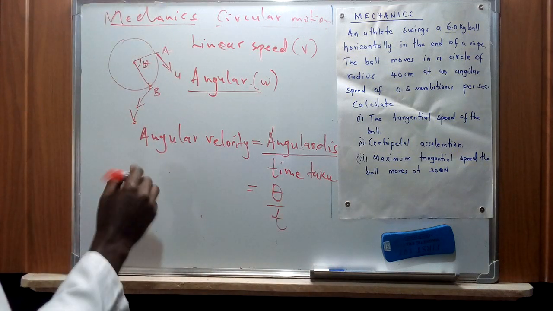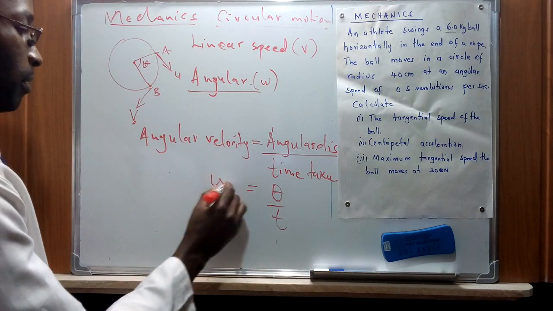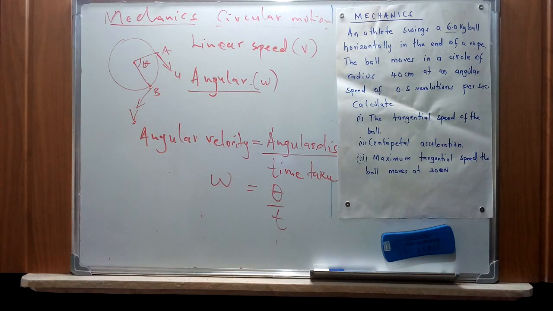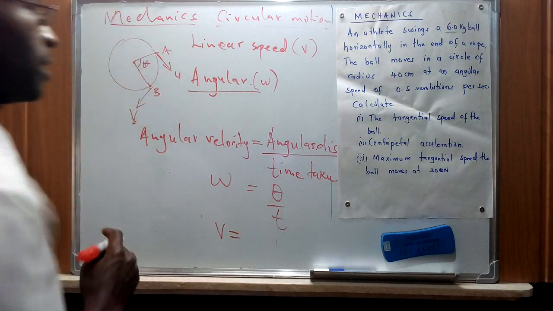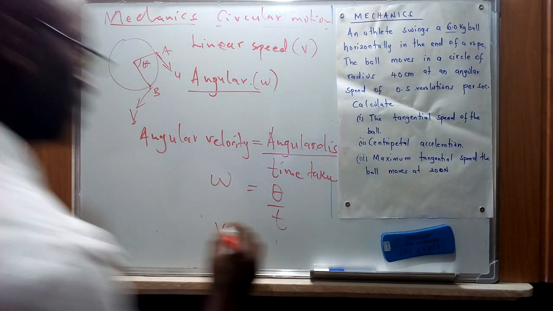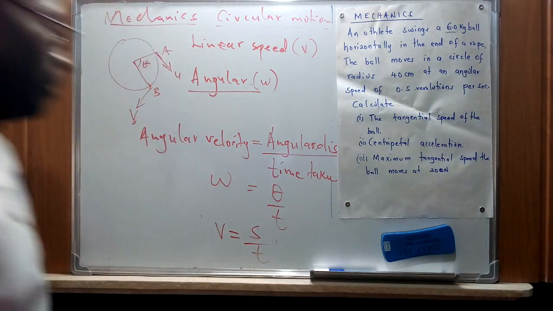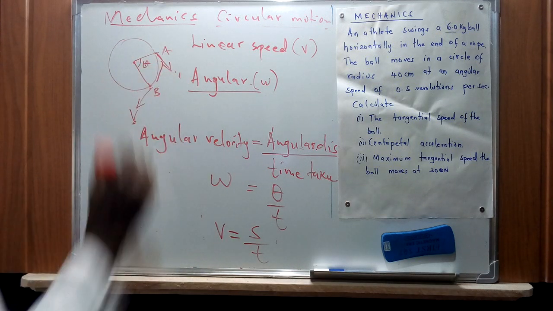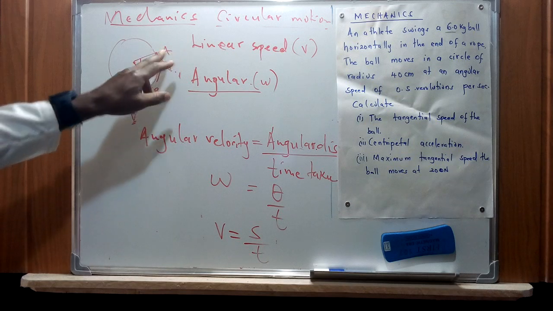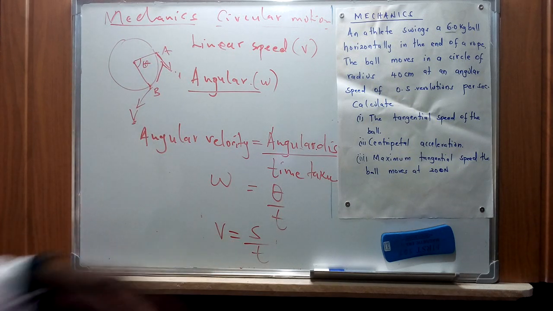As we said, angular velocity can be represented by omega, so omega, which is angular velocity, is given as theta over t. But linear or tangential speed is given as displacement over time. The displacement is represented by s, the distance described from A to B, or the arc length, so it is s over t.